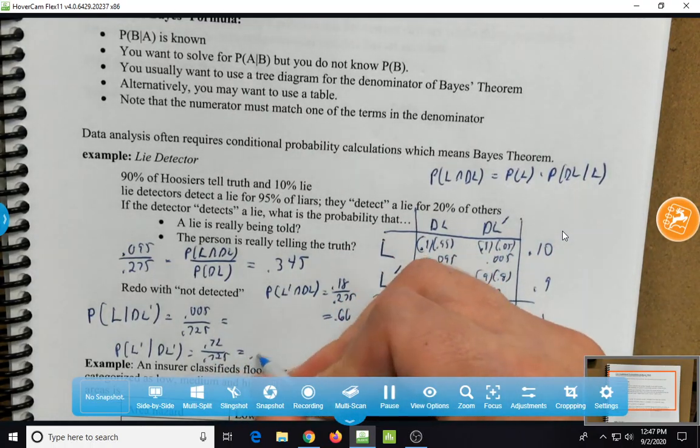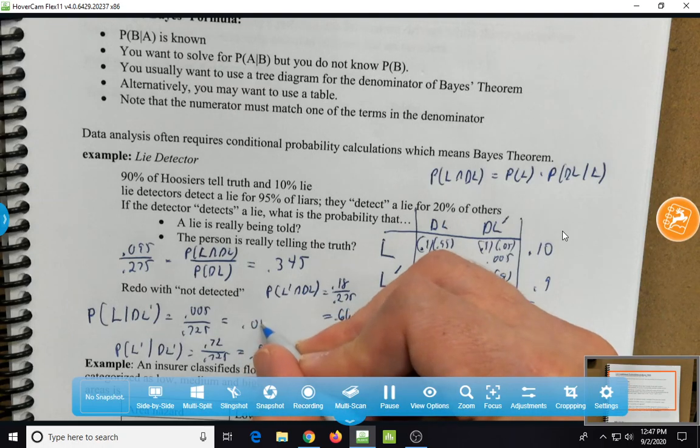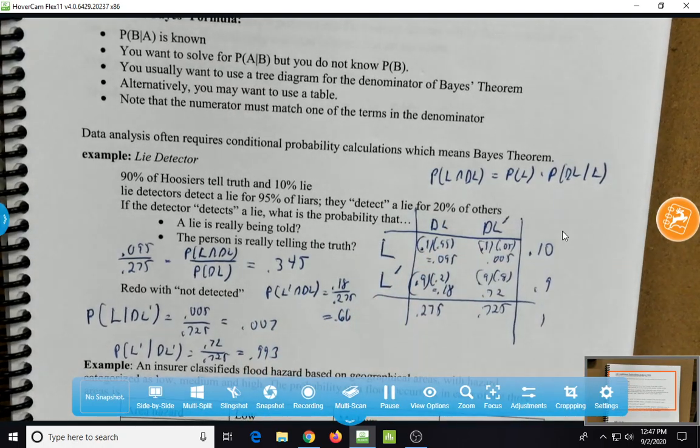So if it didn't detect a lie, you could squeak through 7 1,000ths of the time. But if it didn't detect a lie, 99.3% of the time you actually are a truth teller. This is quite remarkable, and that's why we have to be a little careful when people test positive or negative for their COVID tests.